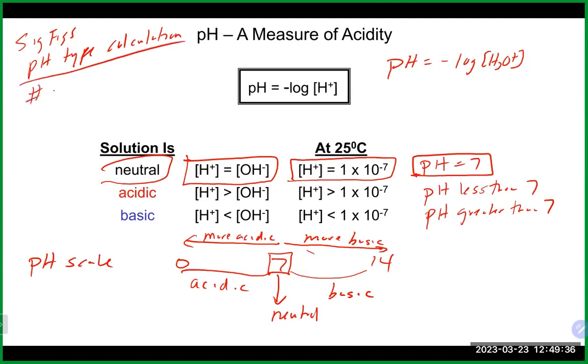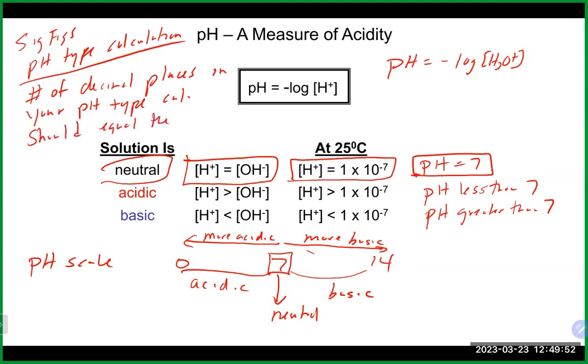The number of decimal places in your pH type of calculation should equal the number of significant figures in your concentration value. So the number of decimal places that you put for your pH value should be the same as the number of significant figures your concentration has. So why don't we calculate one?